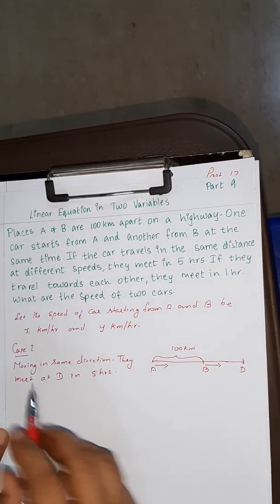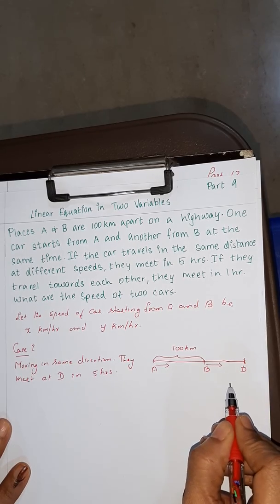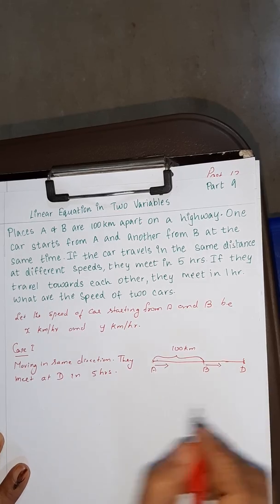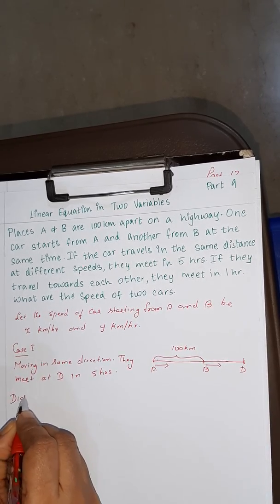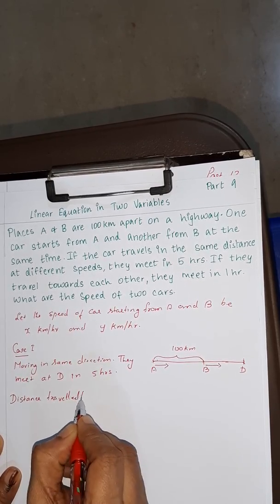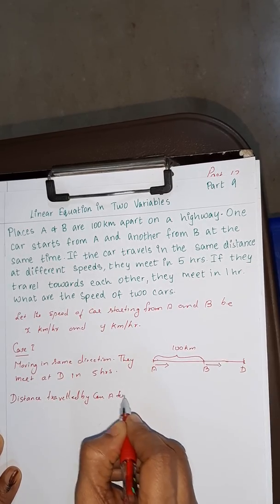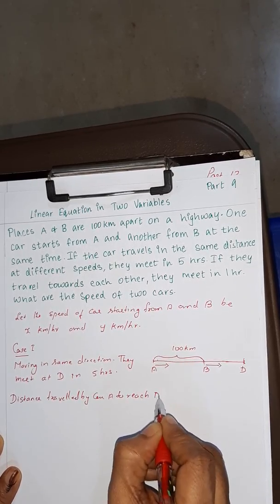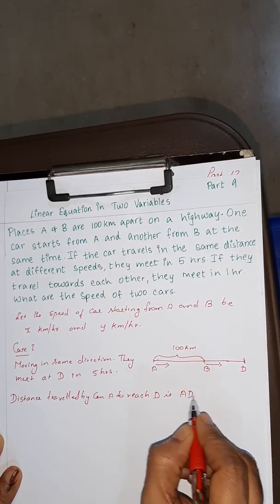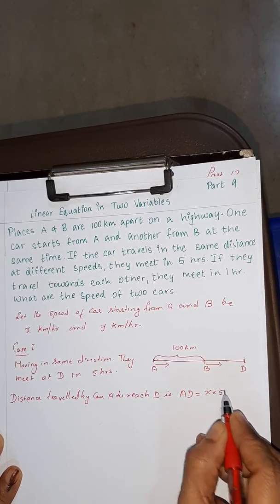So, we will be using the formula speed is equal to distance by time. So, distance is equal to speed into time. So, the distance travelled by car A to reach D, AD, is equal to x into 5.